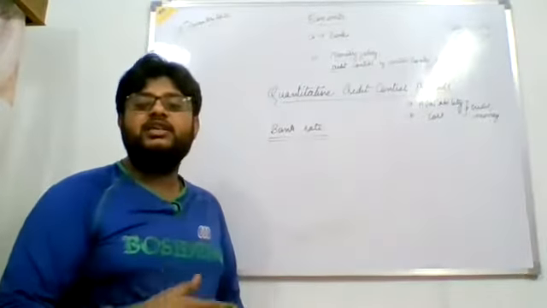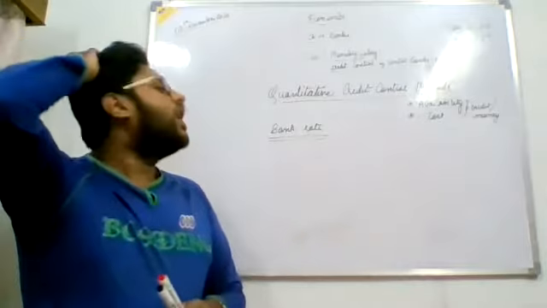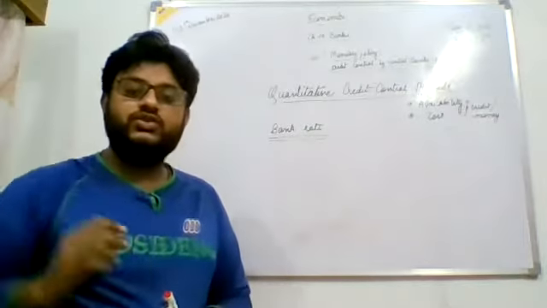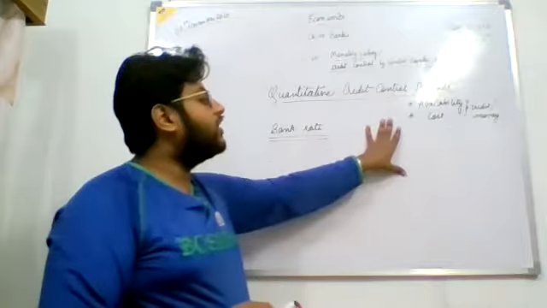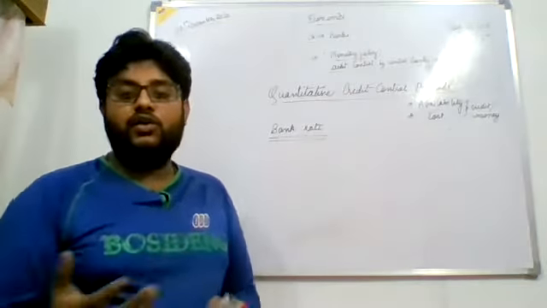Okay, the major thing that we have to see is how this bank rate is used to control the credit flow, or to control the availability and cost of money in the economy.